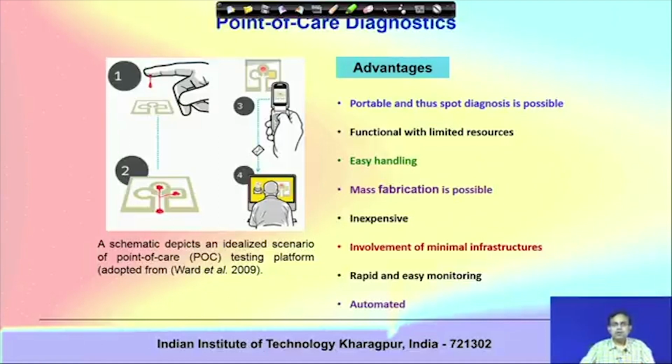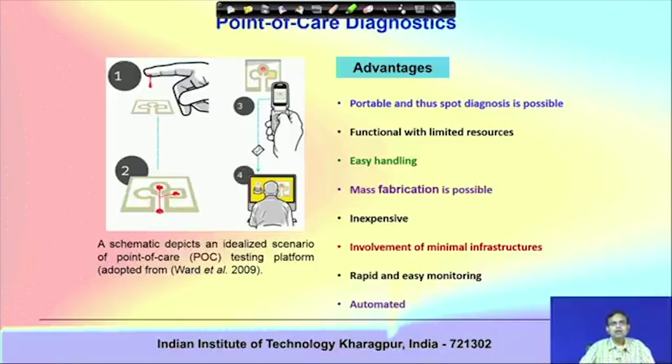Instead, what we design is something like this. There is a handheld device. I will explain what this handheld device is in the remaining part of this lecture and the subsequent lecture. Look at this slide, consider step 1 where from the fingertip one drop of blood is loaded on the device.